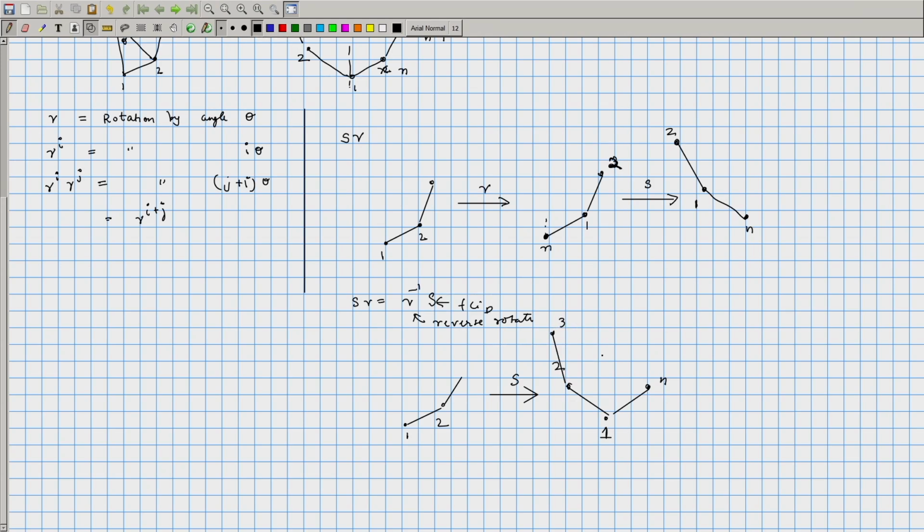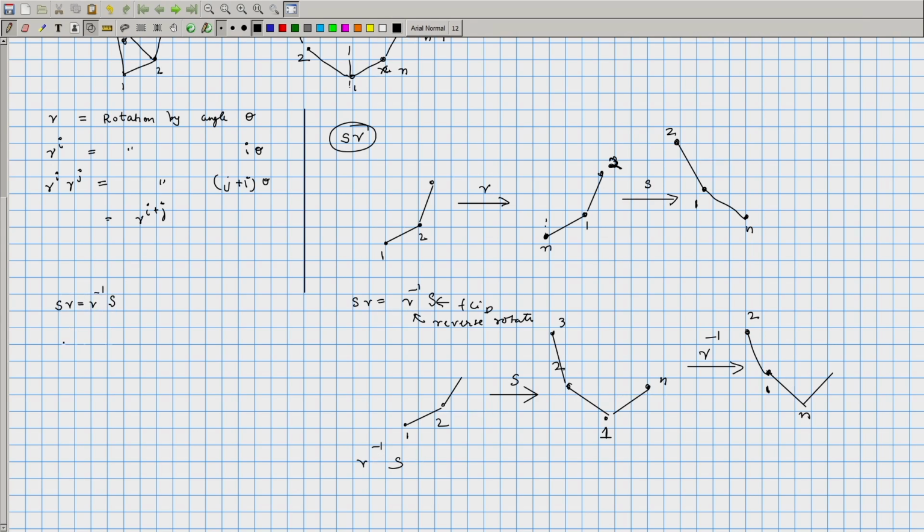This is how the polygon will look after we perform an S. If we rotate this by R, then 1 will go to the position of n, but if we do a reverse rotate, that is R inverse, there will be a clockwise rotation. Therefore, n will come here, 1 will come to this position and 2 will go to this position. So, we can see that whatever we obtain by SR is the same as what we get by R inverse S. So, we can claim that SR is equal to R inverse S.